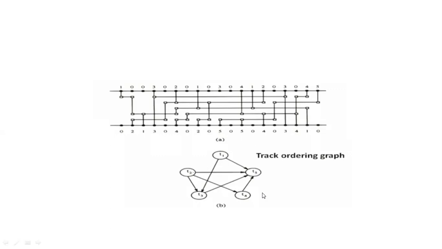This graph will tell you how many tracks are required and the dependency, which one will go to the top. Track T1 can go to the top, or T2 can be the top, both can be done because T1 and T2 don't have any dependency, as I just explained. Likewise, among T3 and T4, either can be top.